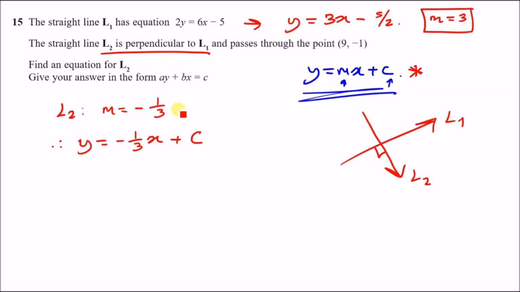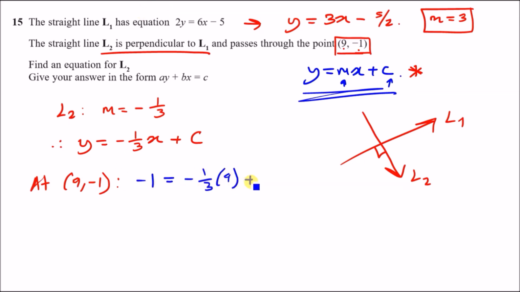So that's cool. Now we know that this line, which is perpendicular, passes through the point (9, minus 1). So all you want to do here is plug in this coordinate on that line. So we know that x is 9, y is minus 1, and we can get the value of c. So let's do that, yeah? At (9, minus 1), we're going to have minus 1 for y equals minus a third times 9 plus c.